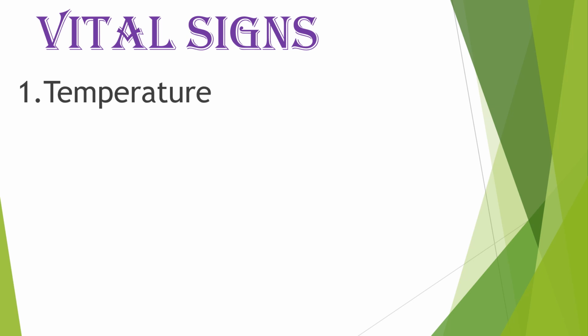And the other place that we can check temperature is the mouth. Oral temperature should not be taken in infants and young children. In older children, the thermometer should be put under the tongue with the mouth closed. Oral temperature should not be taken if hot or cold drinks or food have been taken a short while ago. And also in children, axillary or groin temperature can be taken.